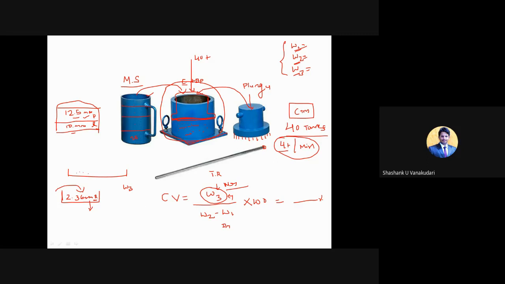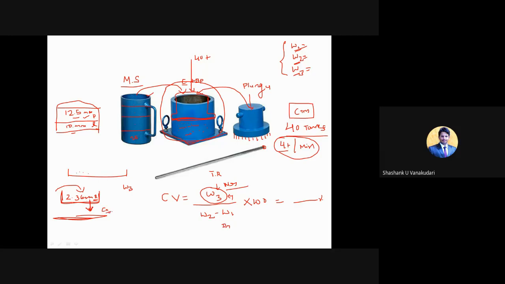Clear? So you can consider here W3 is how we have considered the aggregates which are passing through the 2.36 mm IS sieve. Sorry, here you need to collect the passing materials, not retained particles, because the passing materials are considered as the crushed particles. Please make the correction.